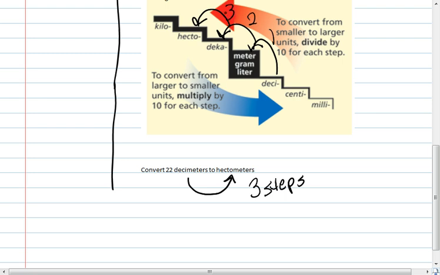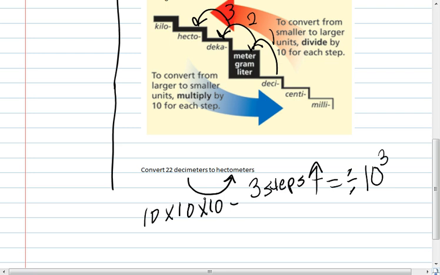Okay, so that means I'm going up the stair steps, so I'm going to divide. So 3 steps up equals division. So that means I'm going to divide by 10 to the third power. 10 to the third power is the same thing as 10 times 10 times 10, which equals 1,000.